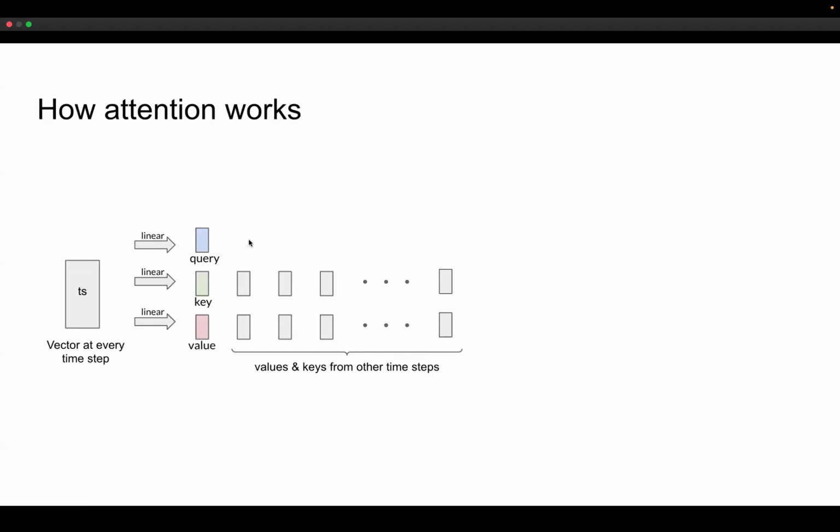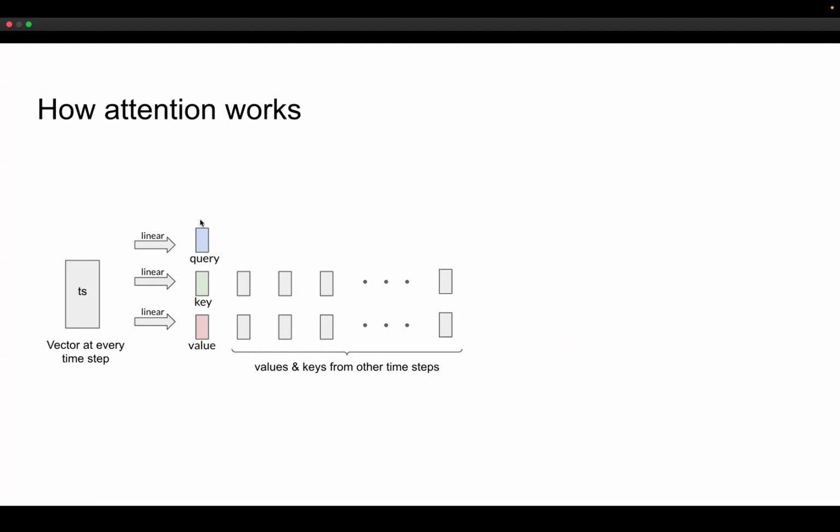Okay, and now let's take a closer look. Given this feature vector at every time step, we'll process it with 3 different linear layers. The first linear layer will process it into a query vector, and then the key vector as well as a value vector. So this is very similar to the concept of a dictionary in Python.